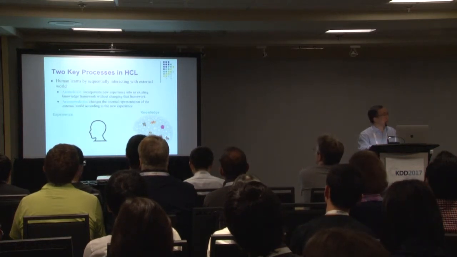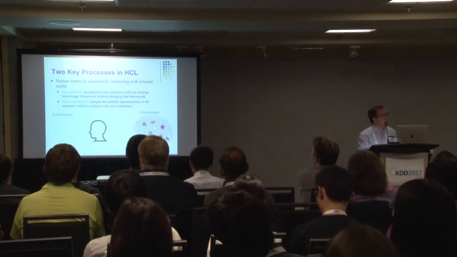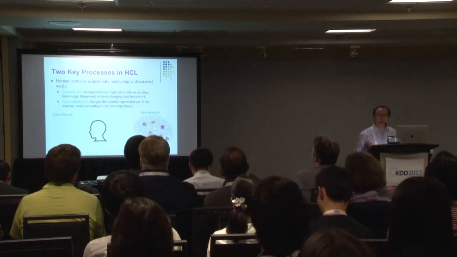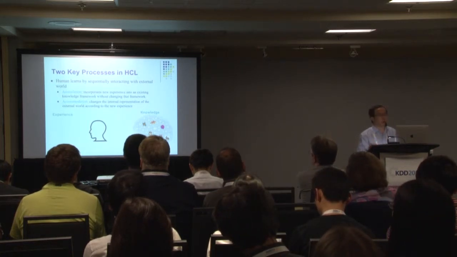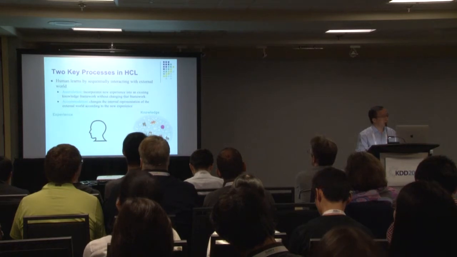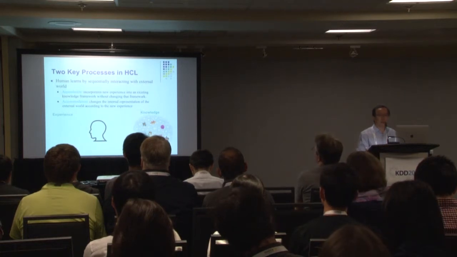According to the theory, humans learn by interacting with the external world. There is infinite exposure to the external world. During these interactions, there are two fundamental processes. One is called assimilation, another is called accommodation.